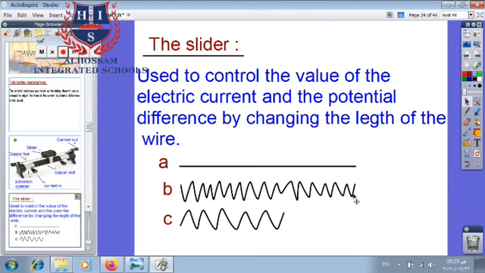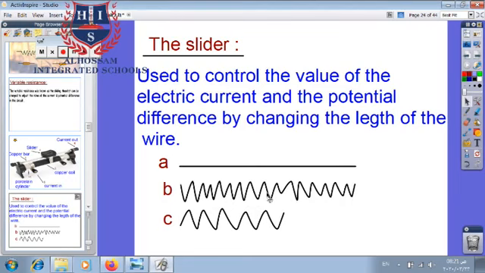So we said before, as the resistance increases, what happens to the electric current? Yes, the electric current will decrease. So at B we have high resistance, so we have the lowest electric current. If we compare between the B and C ways, sure, B will be more in resistance and lower in the electric current, while C will be less.